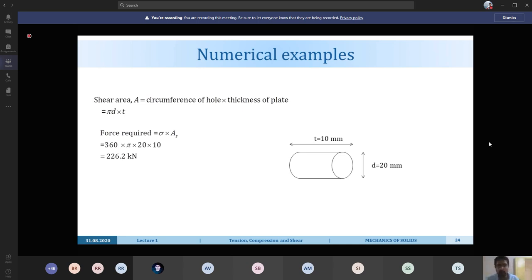I want some feedback from you. Do you prefer numerical examples to be solved also? Actually, we have to solve the numerical examples.